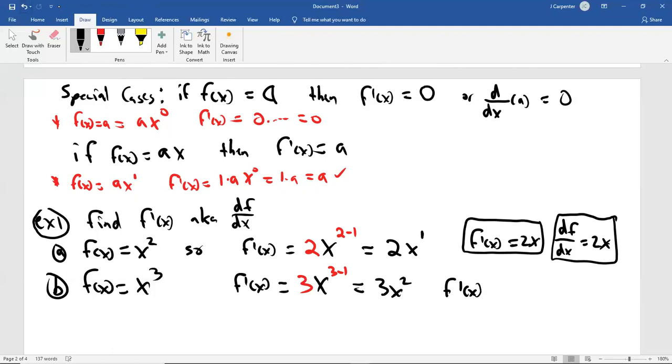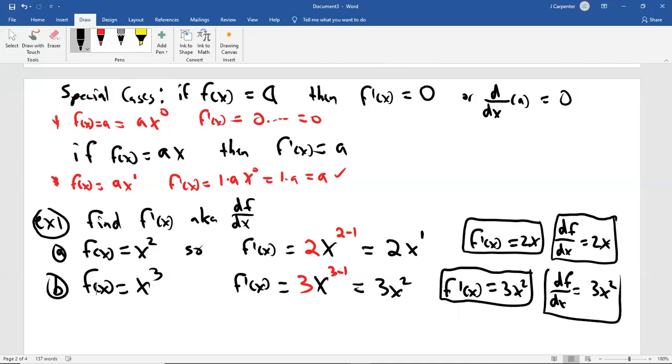So f prime of x is 3x squared, or df dx is 3x squared. Again, same exact meaning. It's just sometimes we need to think about it as the right version. We're saving that idea for much later, don't worry. Just getting used to the fact that there's 2 ways to write it for now.